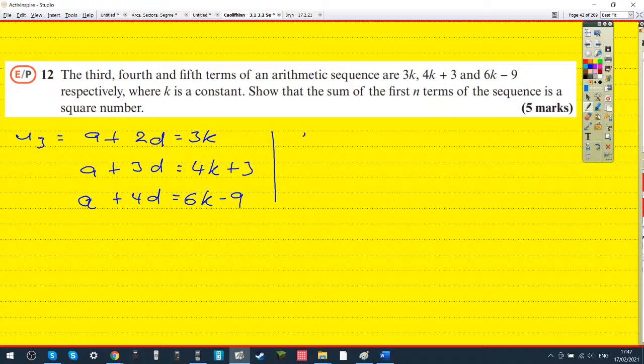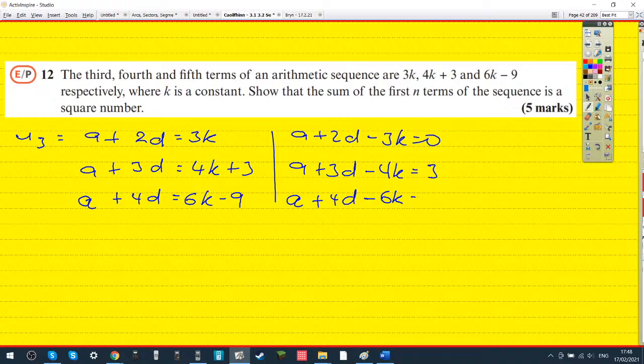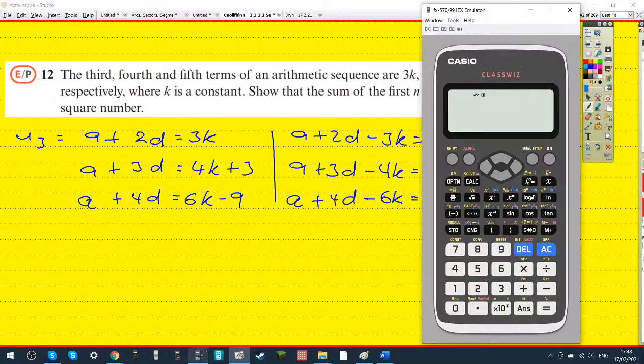So we could write it as a plus 2d minus 3k equals 0, a plus 3d minus 4k equals 3, a plus 4d minus 6k equals minus 9.